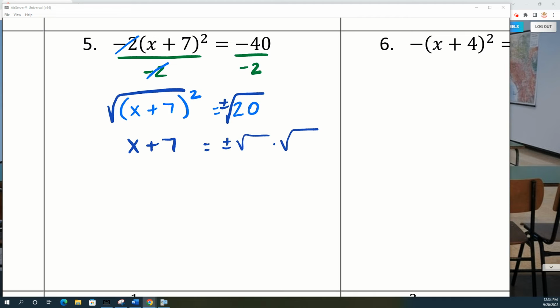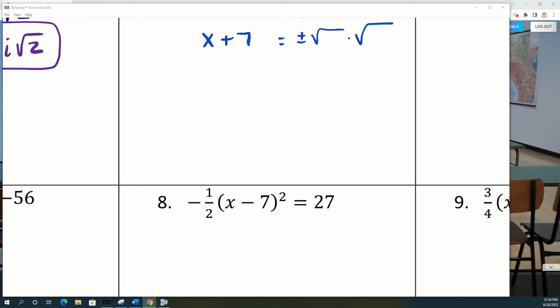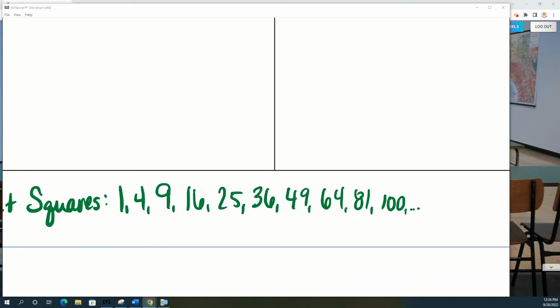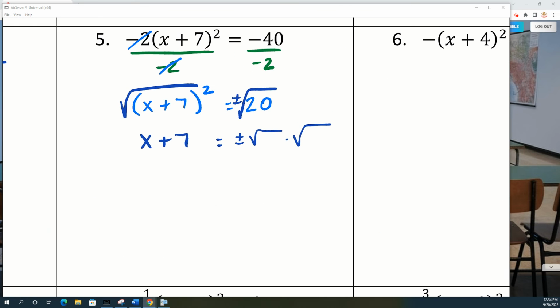All right. Do I need to worry about i on this one? No. There's only an i if there's a negative under the square root. There's not. So I do need to find a square that goes into 20. And 4 will divide evenly into 20.